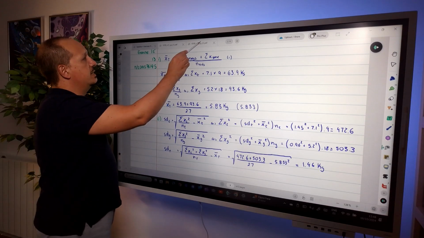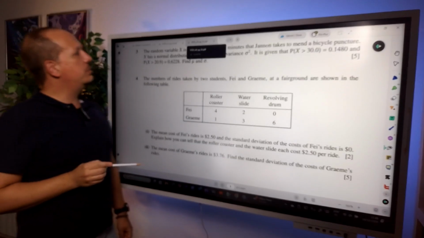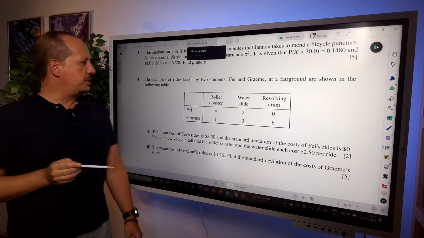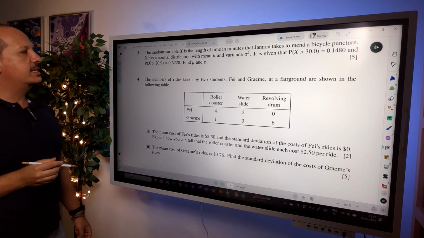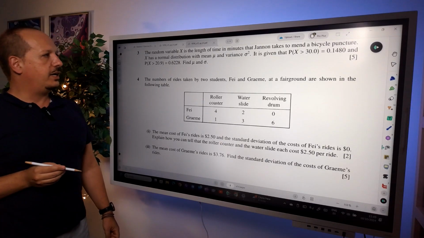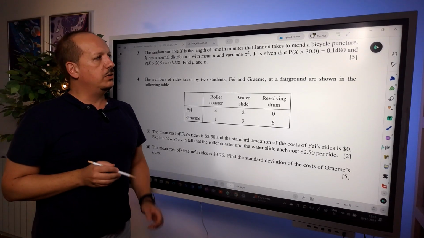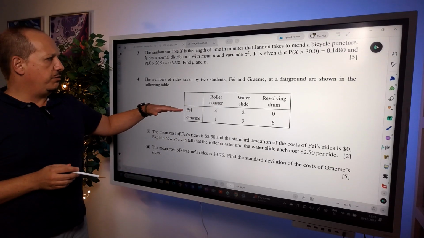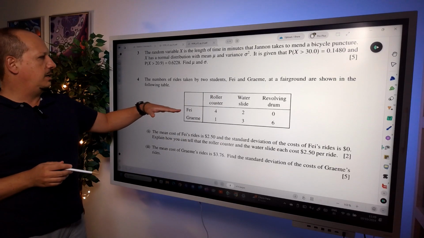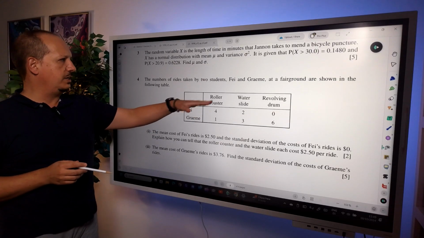Next question, this is from spring 2010, question paper 61, and the question is question 4. The number of rides taken by two students, Faye and Graham, at a fairground are shown in the following table over here. So here you have how many times they went in each one of these.